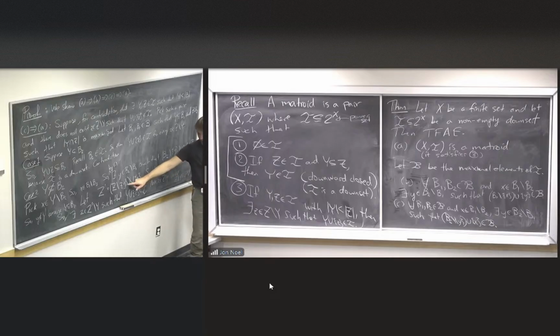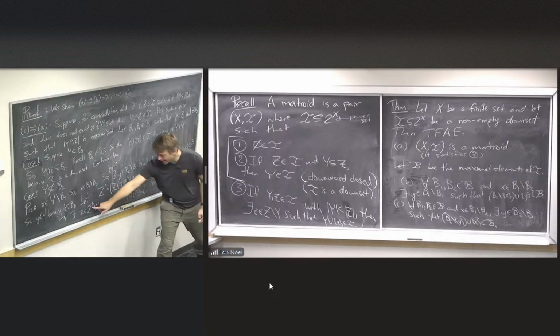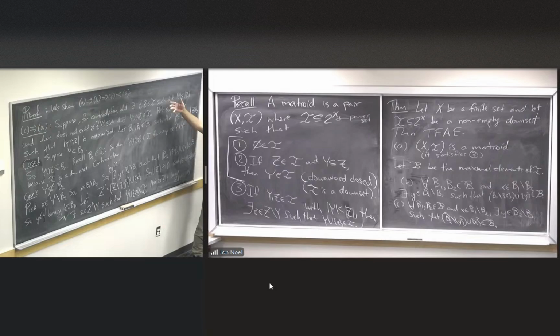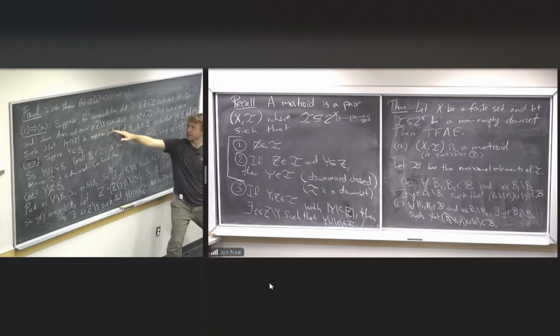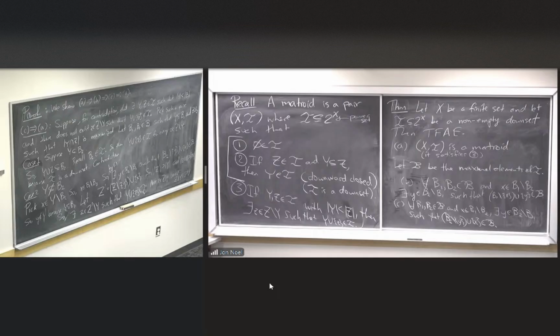The only thing that z prime has that z doesn't is x. But when I delete y, x was in y, so it just deletes the x anyway. So z prime take away y is a subset of z take away y. Therefore, since I found this z in there, it must also be in here. But that contradicts the thing I started with. So there is a z in here such that y union little z is in I. So C implies A.